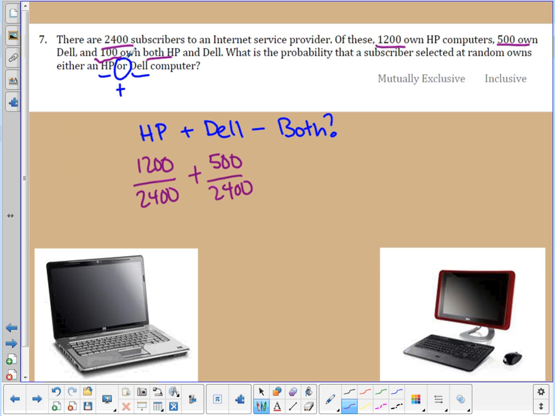And since we know that there's some crossover between the two categories, there's some people that are in here and in here, I need to subtract those 100 away. That also tells me that these are inclusive events because there is crossover. If there's anything in this both category, that automatically tells you that they're inclusive. So when I put these together, 1,200 plus 500 minus 100 gives me 1,600.